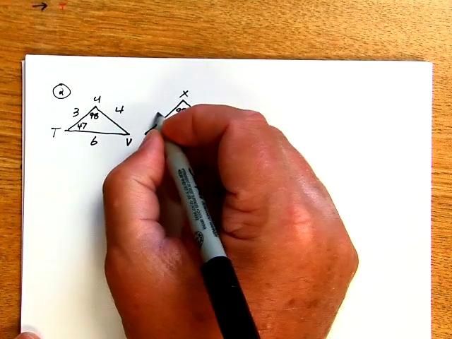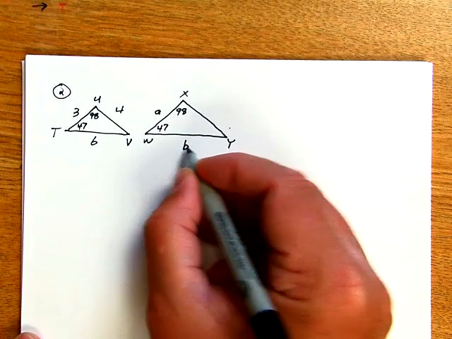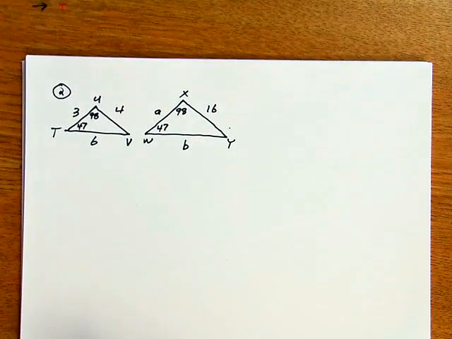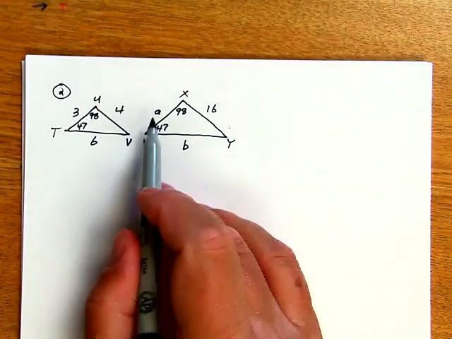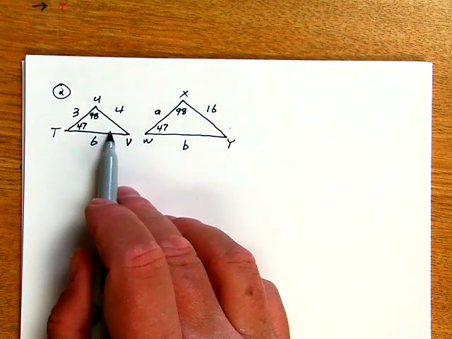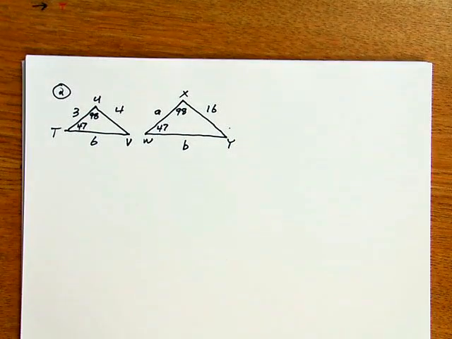And over here we have an unknown A, and an unknown B, and 16. And we're asked to solve the triangle. Well, when you solve a triangle, you have to figure out all the unknown pieces. The unknown pieces here are this angle and the values A and B, the sides of the larger triangle.